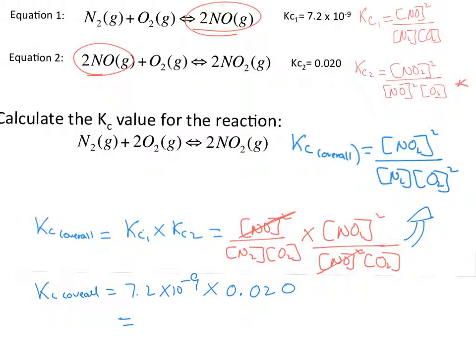That means that the Kc overall will be 10 to the minus 10. Like this, we simplify the calculation of that additional equation based on K values that we already know.